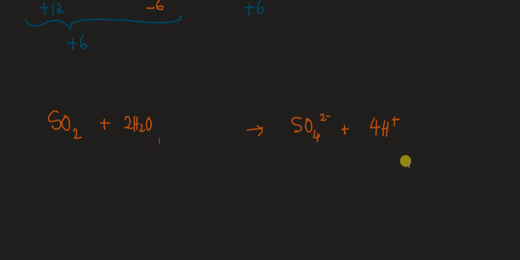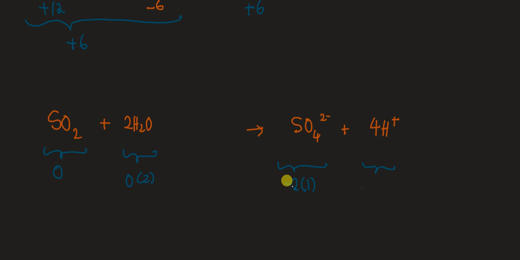So what we have to do now is balance the charge on both sides. On this side it is 0, this one is also 0 multiplied by 2. On this side, however, we have -2. On the right hand side, this sulfate ion carries -2 charge, and there's only one of this.